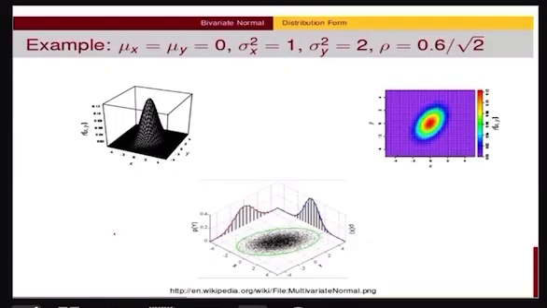The green ellipse shows contours of equal probability. I'm going to say that again. So the green ellipse shows the contours of equal probability.